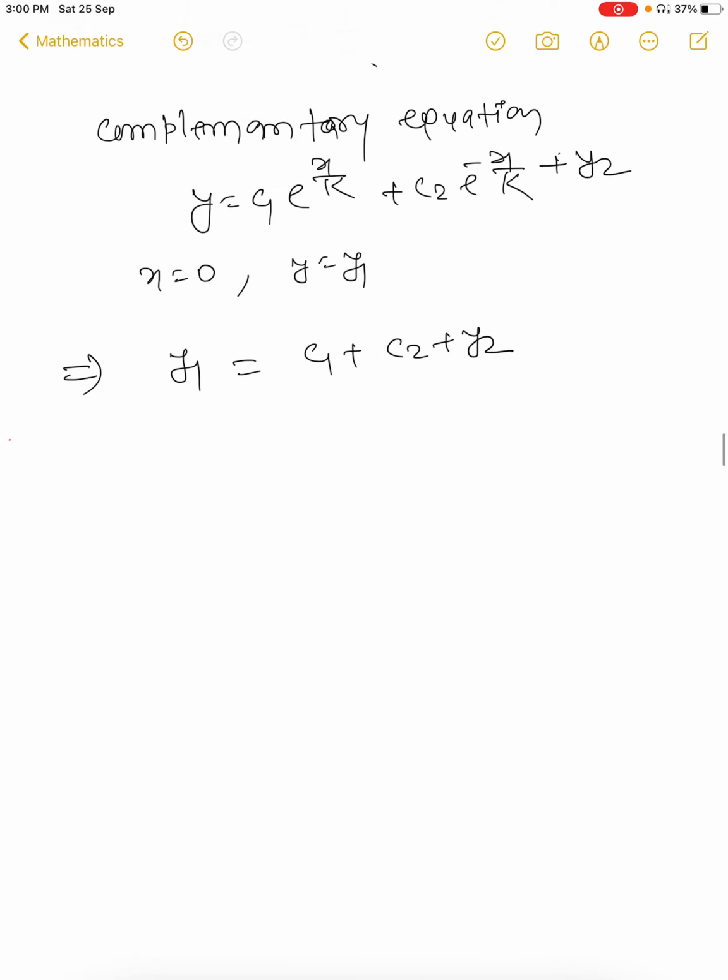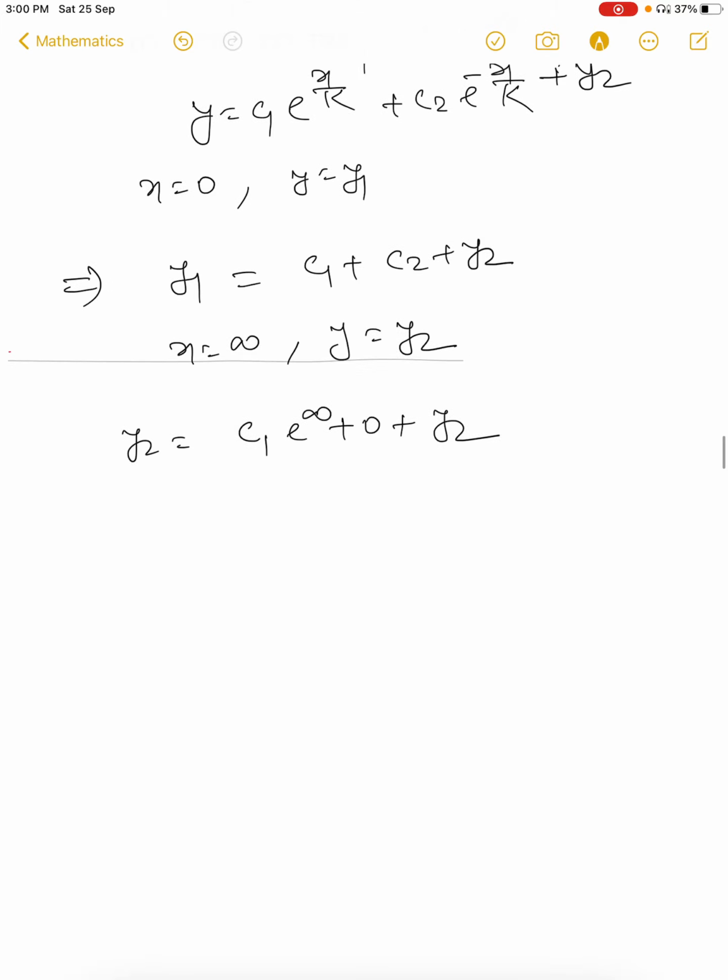Then x is equal to infinity, then y is equal to y2. So y2 is equal to c1 e to power infinity plus 0 plus y2. The y2 cancel out, so c1 will be 0.